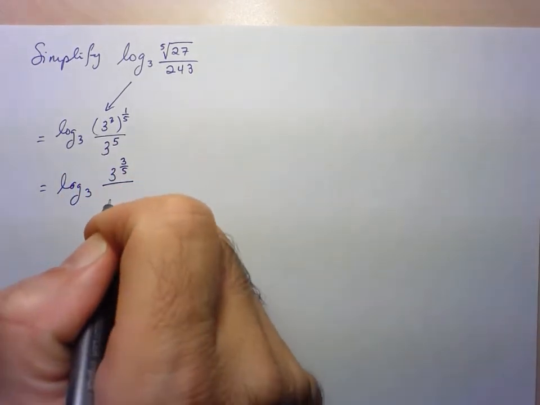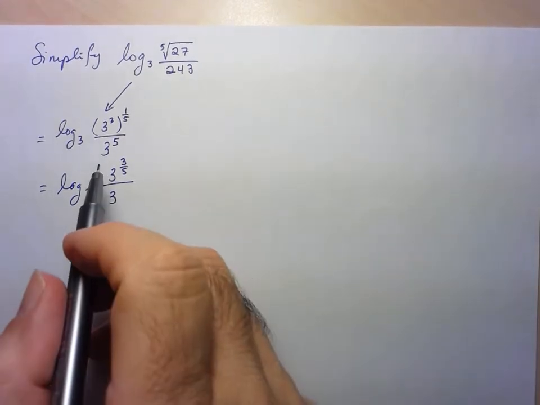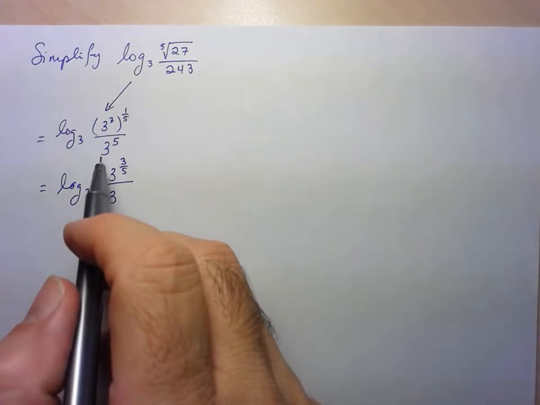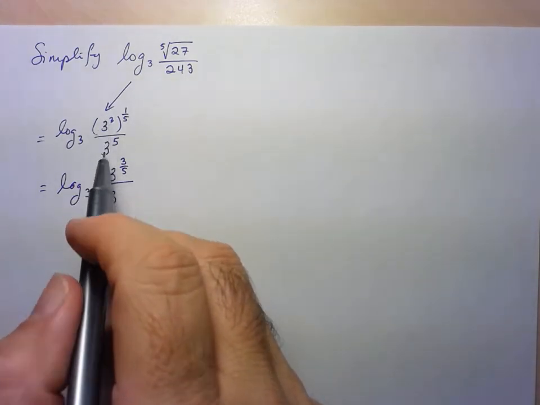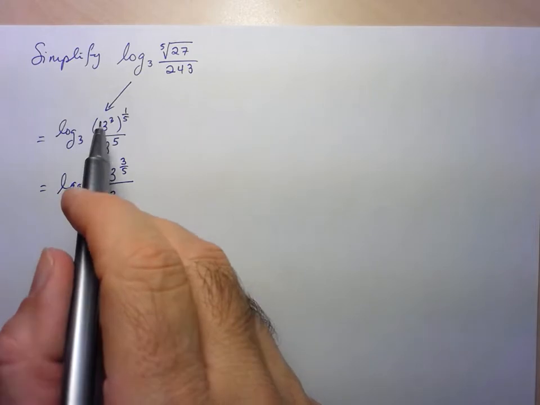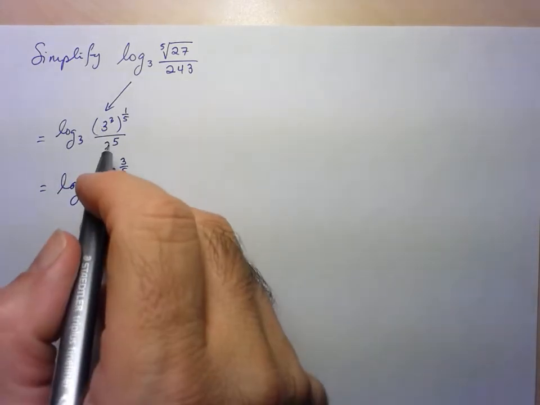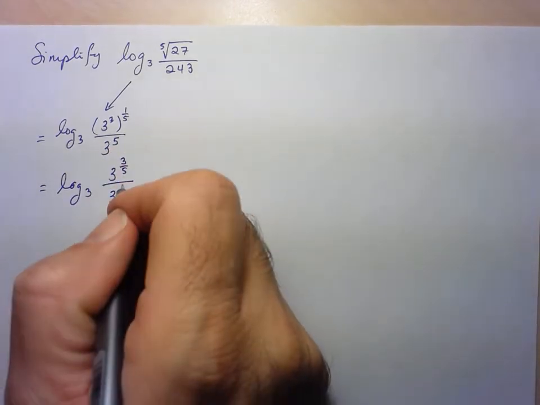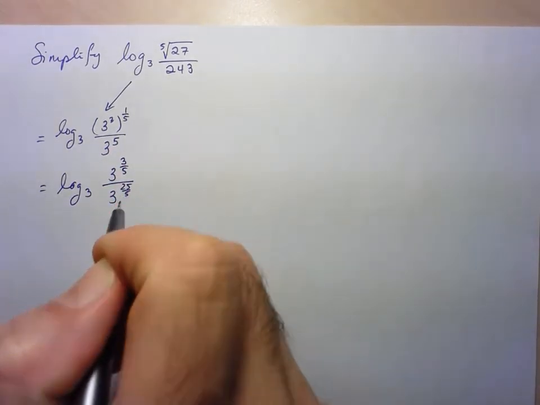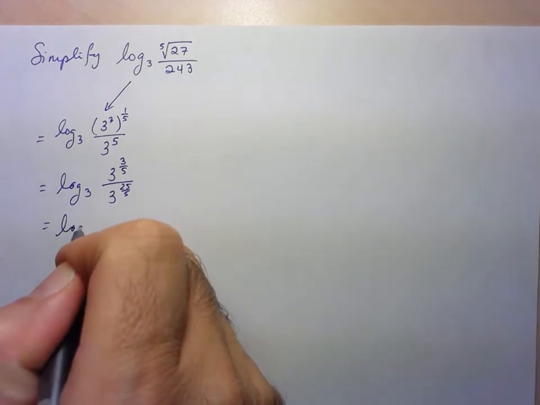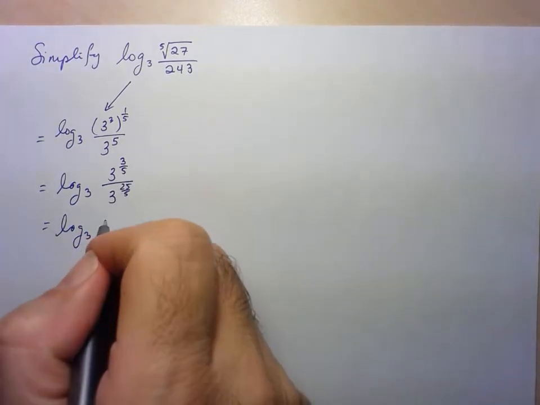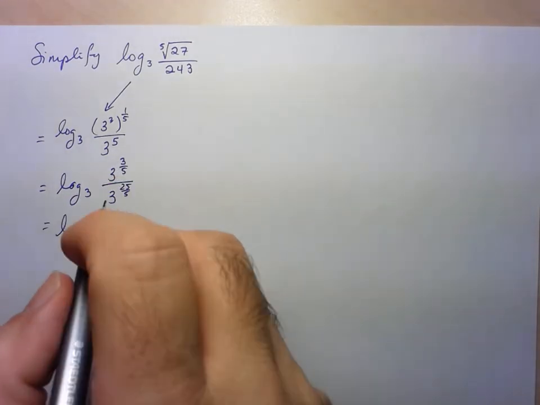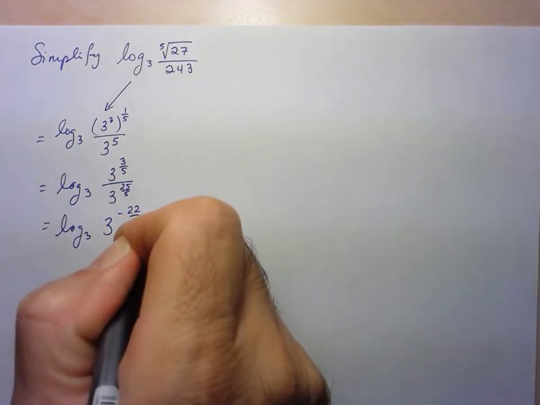Okay, and then here I've got 3 to the 5, but since I know that I'm going to want to subtract the exponents because I've got a quotient of two exponential expressions with the same base, let me just put this as an exponent fraction over 5. So 5 can be written as 25 over 5, and so now we can subtract the exponents, rewrite this as a single power. So 3 over 5 minus 25 over 5 is negative 22 over 5.